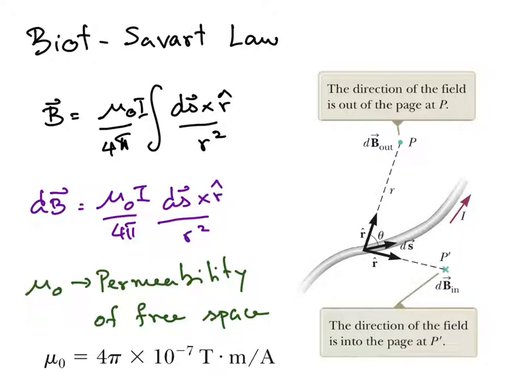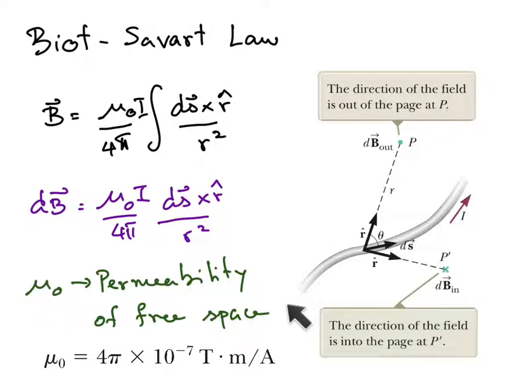Biot and Savart, two scientists, found that if we pass a current into a wire like this, it will produce a magnetic field around the wire. They showed that the magnetic field produced by the current can be expressed with this mathematical formula.